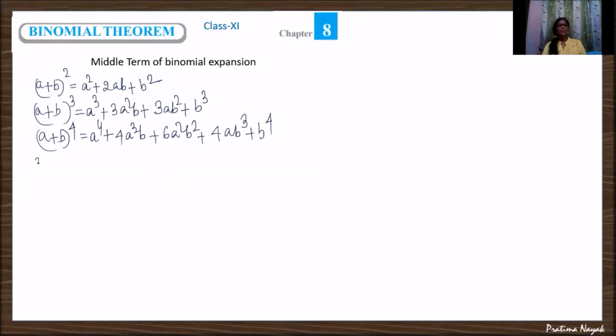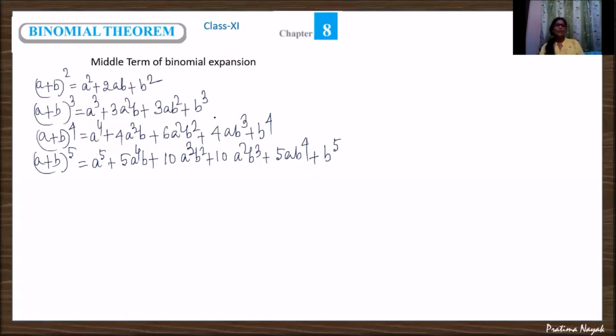And if I want to write (a + b) to the power 5, also I can write a to the power 5, then it will be 5a to the power 4 b plus 10a cube b square plus 10a square b cube plus again 5ab to the power 4 plus b to the power 5.